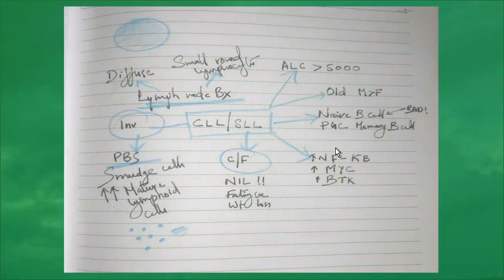And this is the pathogenesis of CLL. It includes an increase in NF-kappa B, increased MYC and Bruton tyrosine kinase, BTK. So you can see most of the lymphoid neoplasms having these alterations.